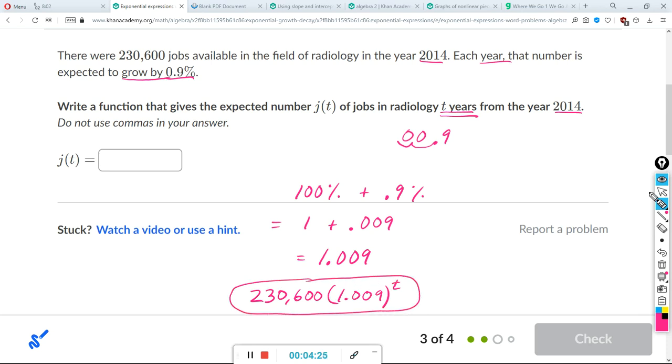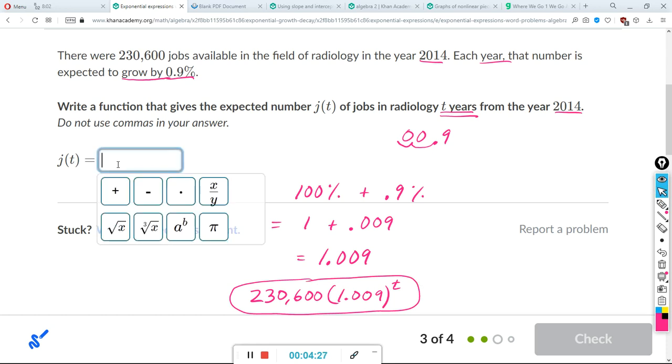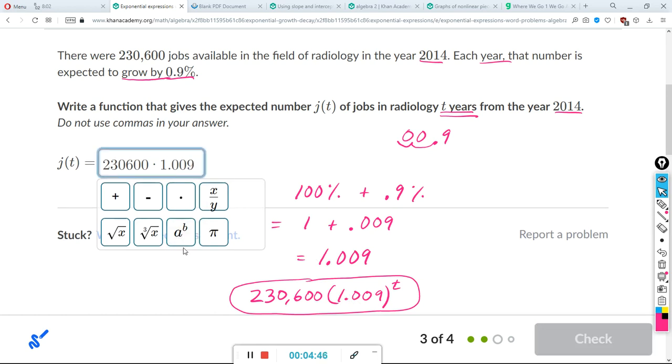Okay? So it says do not use commas. So we write 230,600. And use the dot for times. And write 1.009. And raise that, hit the exponent button, raise that to the power of t.